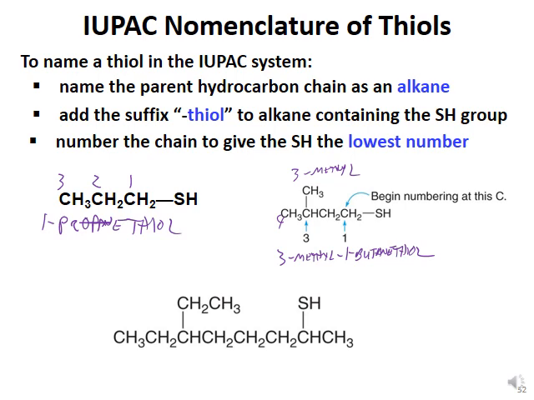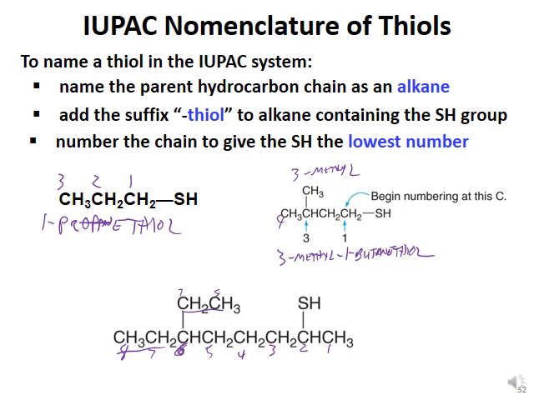Okay, longest chain with the thiol group, the smallest number. 1, 2, 3, 4, 5, 6. Hey, you know what? If I went 7, 8, it would be an ethyl group off carbon 6. So it wouldn't matter. The key here is that there's 8.